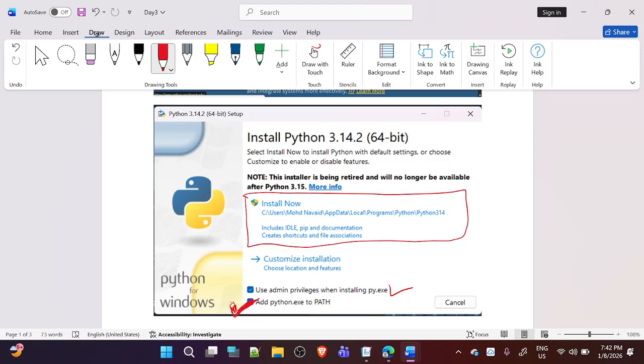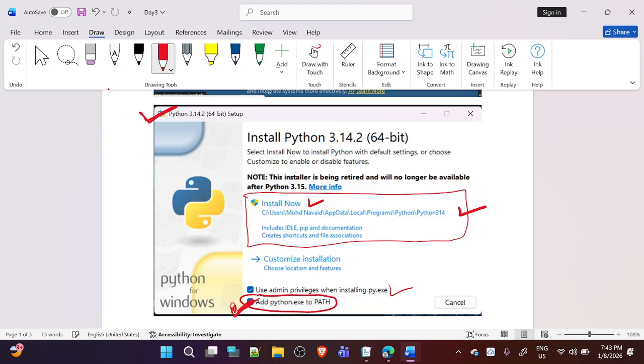The next part was the installation part. Once you click on the Python installer, you will see this screen. Before clicking on Install Now, it's mandatory to check this box.